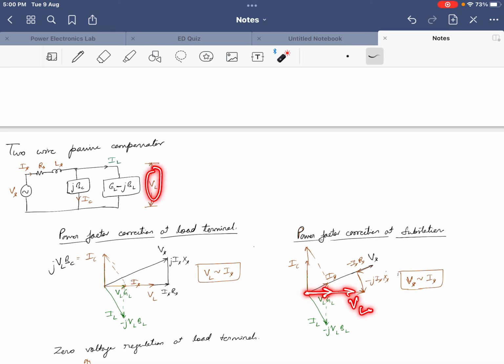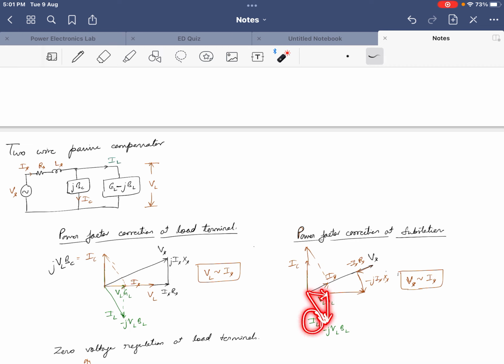Again we have VL multiplied with BL with a minus j term. Minus j means it will be downward, obviously, along the negative y-axis. If we add these two, VL times the admittance Y, it gives the value of IL. So IL will be in this direction, because it is the phasor sum of these two values.